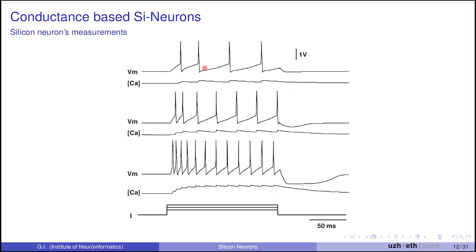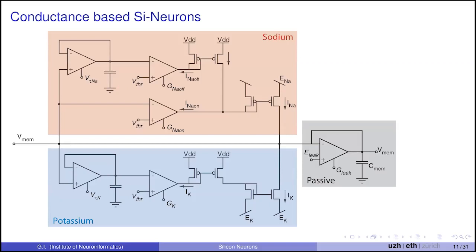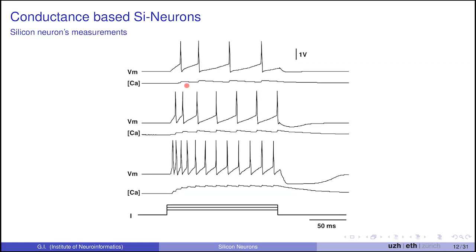But here there is this extra channel, the calcium channel, that is not shown in the circuit here, that has an additional effect. The calcium channel is another negative feedback like this one. So whenever the calcium channels turn on, they sink current from the input. And the calcium channels, you will notice from the curve here, are activated not by the input current, but by the output spikes.